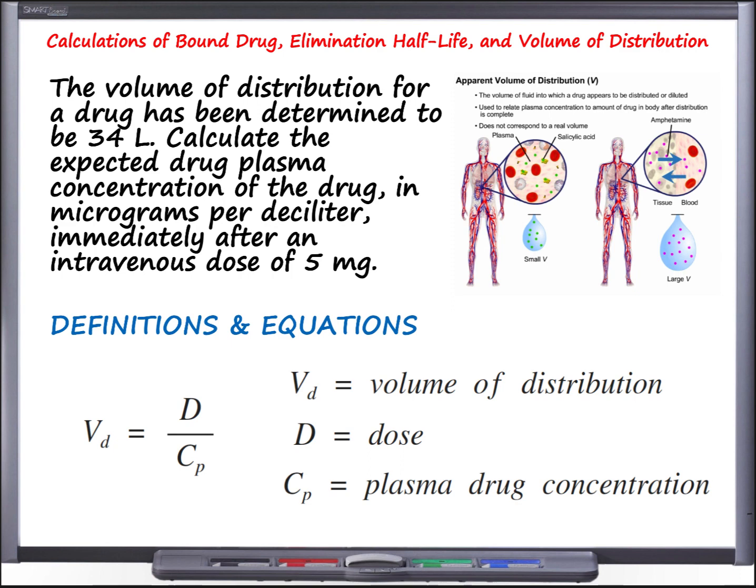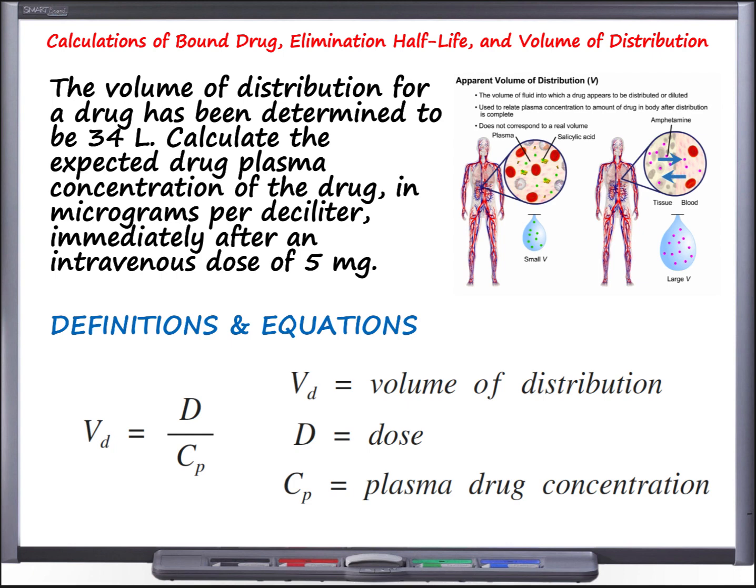Calculate the expected drug plasma concentration in micrograms per deciliter immediately after an intravenous dose of 5 milligrams. They've given us a volume of distribution and a dose of 5 milligrams. It wants us to predict the concentration we will get in the plasma after we give a 5 milligram dose.